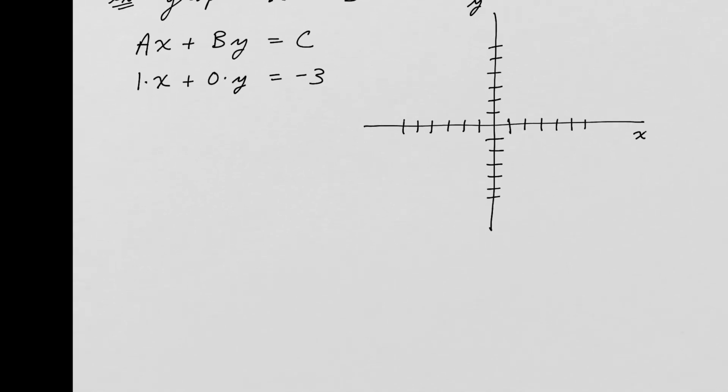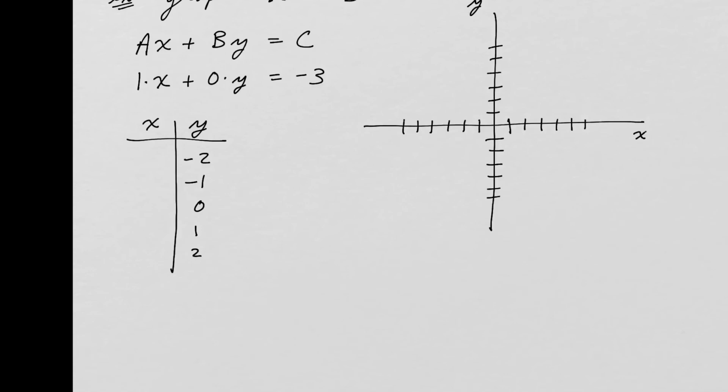All right, so to graph it, let me make a little table like we normally would. So I have x and y values. Now, if you think about it, it doesn't matter what you choose for a y value. So I'll just make up a few values, say -2, -1, 0, 1, and 2.